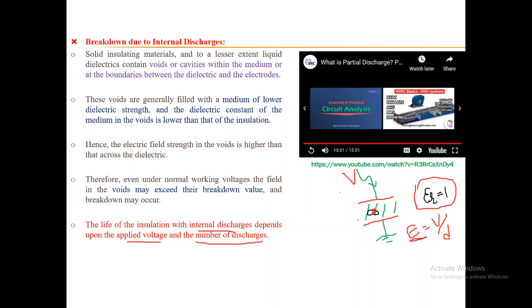So the life of that insulation with these internal, partial or localized discharges depends upon the applied voltage and the number of discharges. Breakdown by this process may take place in a few days or it may take a few years as well.